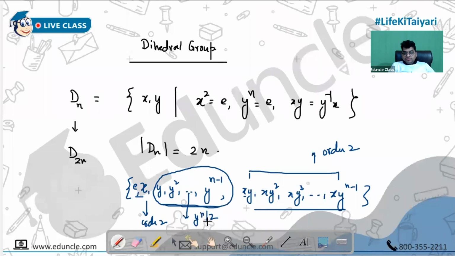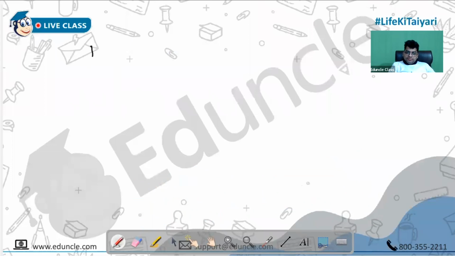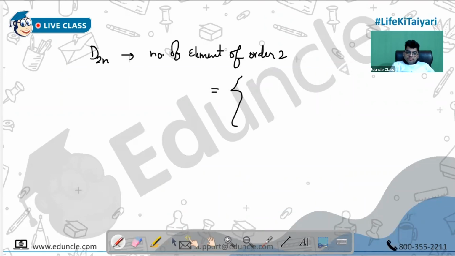So there is one extra element, and the number of elements of order 2 in the dihedral group is n plus 1 if n is even, and n if n is odd.